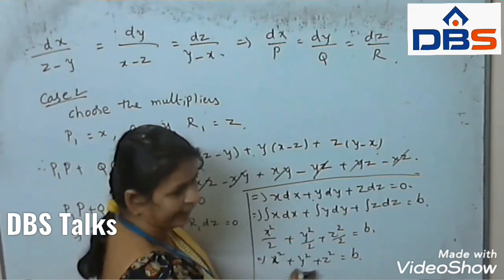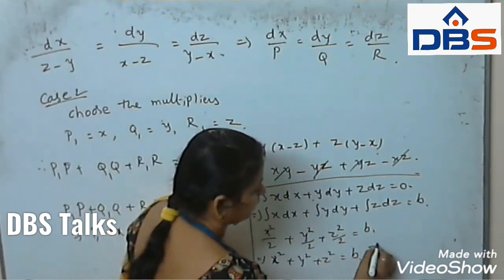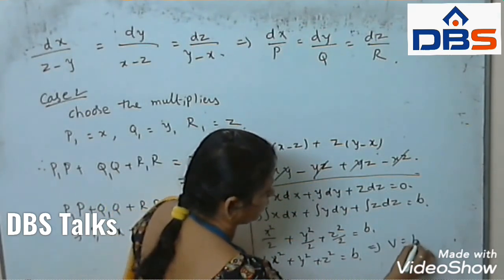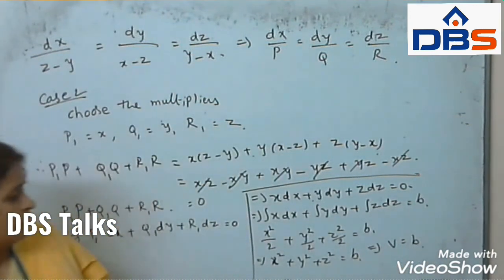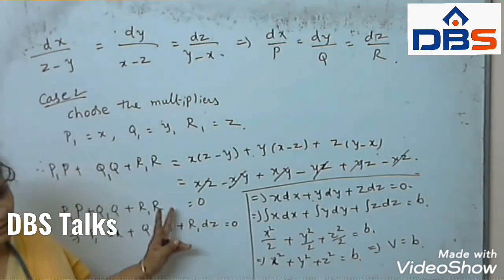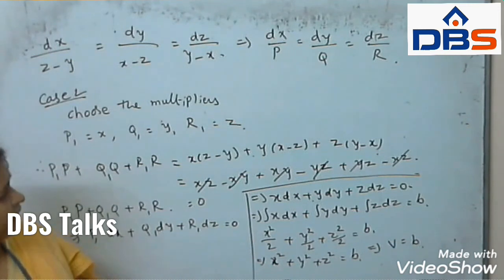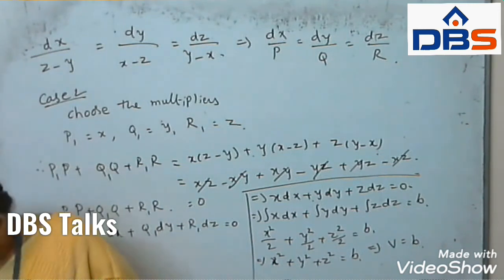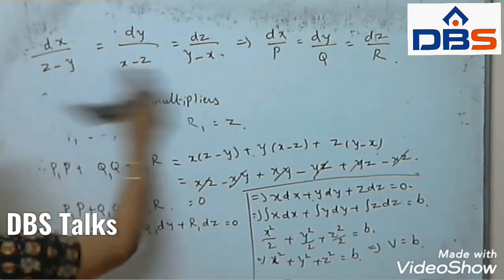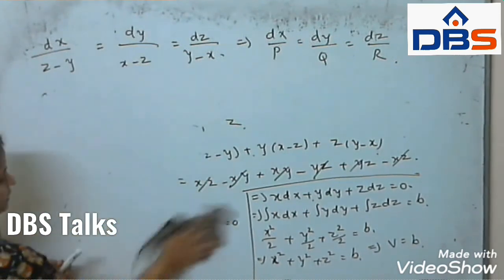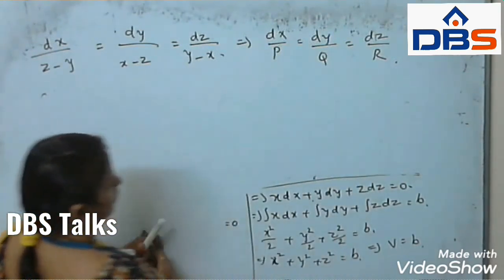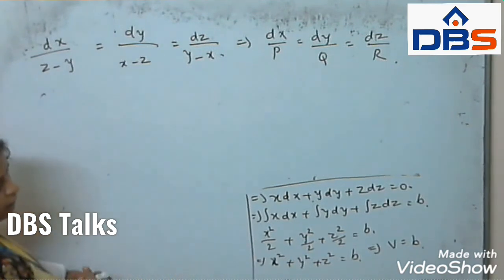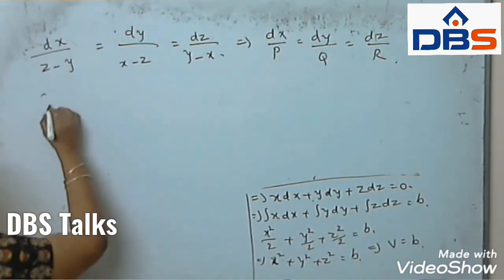So this is a function in x, y, z. So let us name it as v. So v equal to b. So now we have found two functions u and v. Now we can write the general solution. So the general solution is, already in the first case we got u and now we got v.